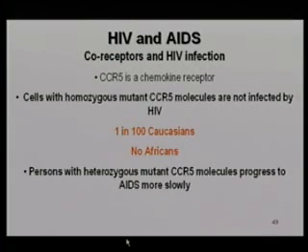You can have unprotected sex with whoever you like, and luckily, you don't get infected by AIDS. So that shows how important these chemokine receptors are as co-receptors with the CD4 antigen in bringing the virus into the cell and causing a productive infection.